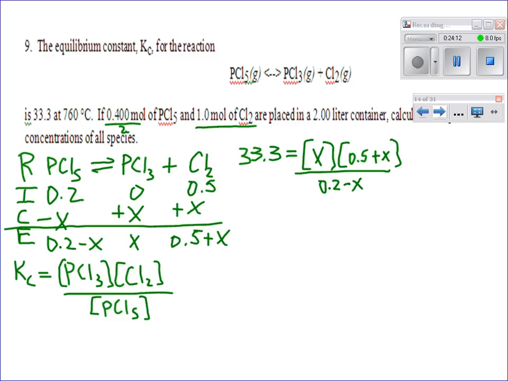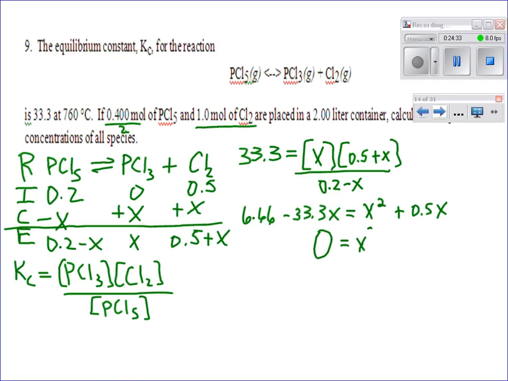So cross multiplying and distributing, I'm going to kind of do it all at the same time. I get 6.66 minus 33.3x is equal to x squared plus 0.5x. You all okay with me doing that? All right. And now we're going to combine like terms and get everything on one side.